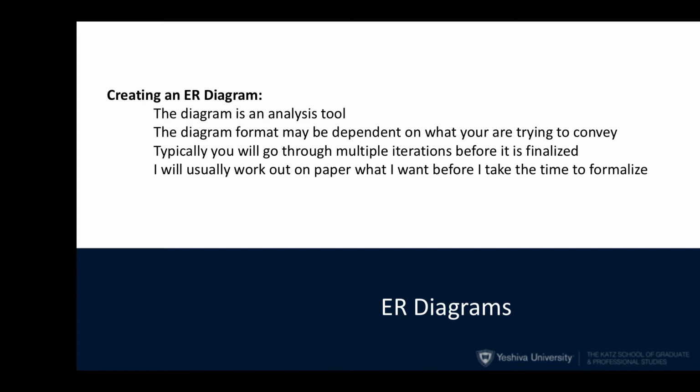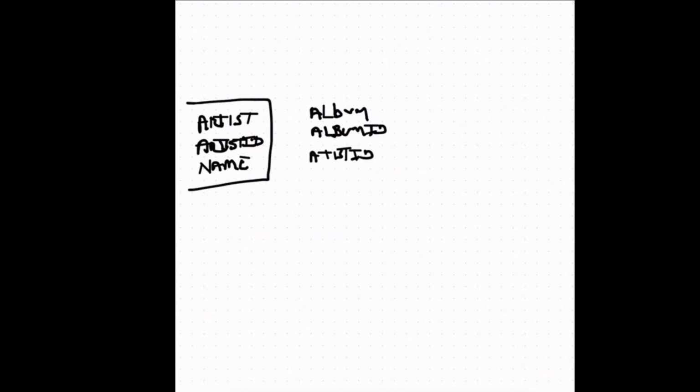So for this exercise, I'm just going to whiteboard our example with our three tables. I'm going to start by just jotting down my table names and the list of columns underneath those tables. The artist table, and the columns are the artist ID and the name; album, the album ID, the artist ID.